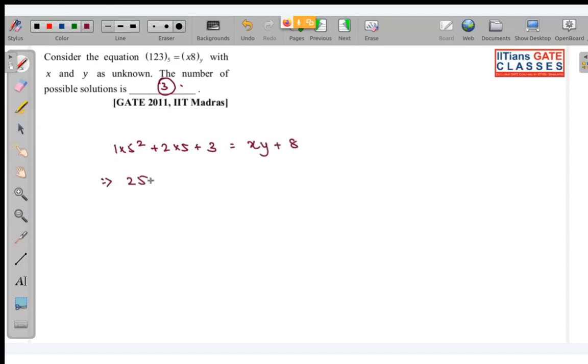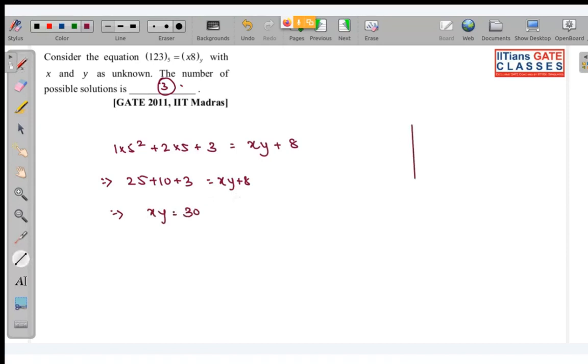So this will be 25 plus 10 plus 3 is equal to xy plus 8. So this will be 25, 35, 38. 38 minus 8 means xy is equal to 30.